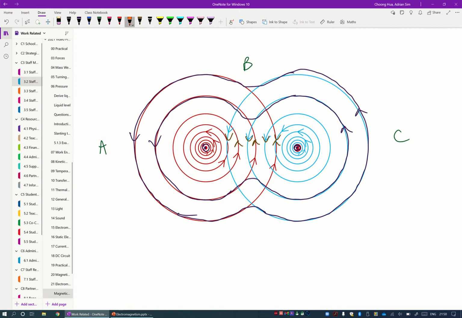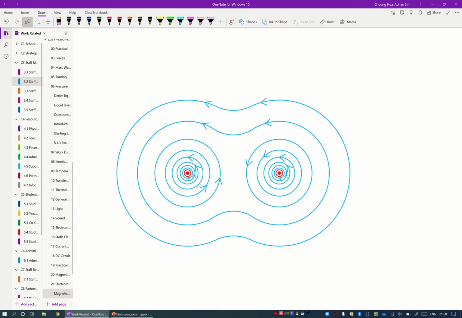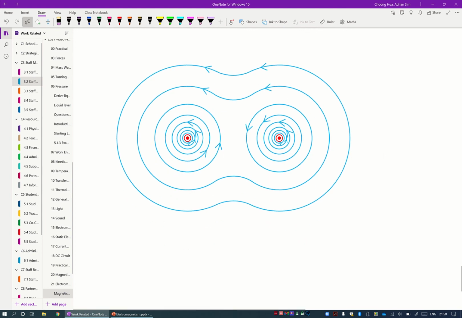Right, so in a way, what's in the center here is cancelled out. The result is this. And don't forget, I'm going to label the region A, B, C.